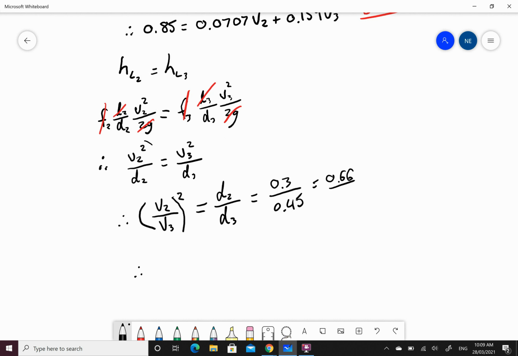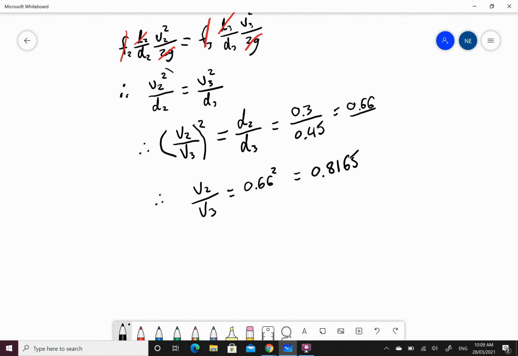So if we square it, I end up with V2 on V3, which equals 0.8165.